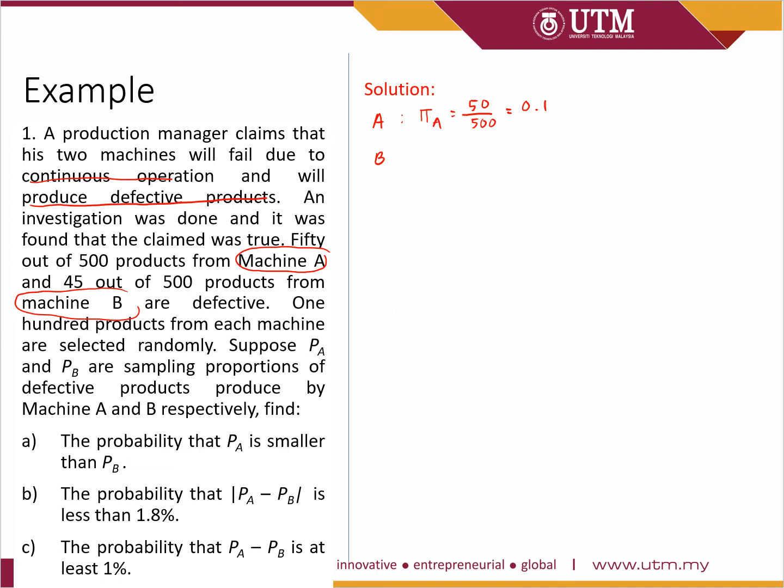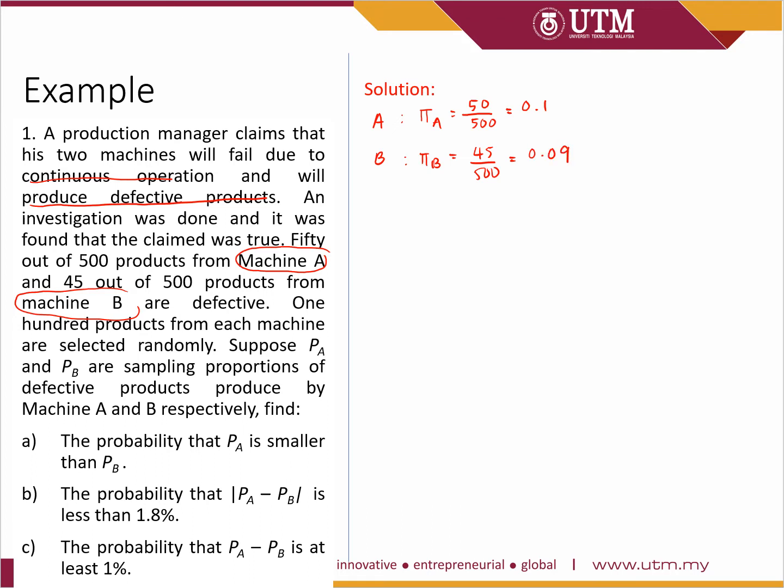That will be the proportion for machine A. For machine B, it will be 45 out of 500 defective, which equals 0.09.